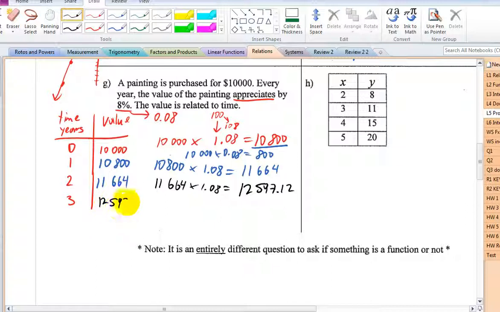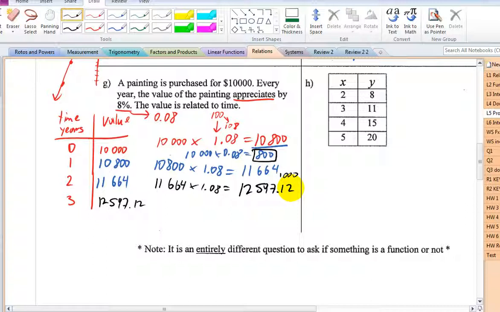So you're not just going up by $800 each time. That's changing. Just to show you that here we only went up by $800. Here we went up by almost $1,000.